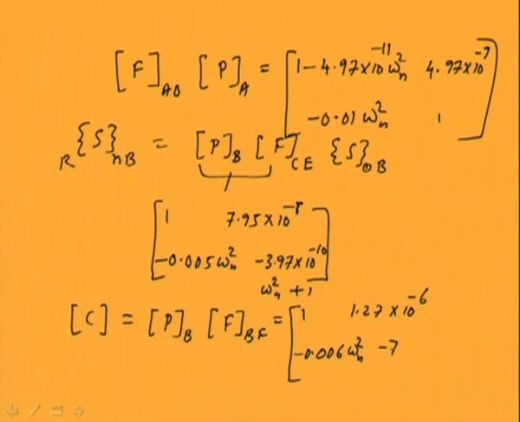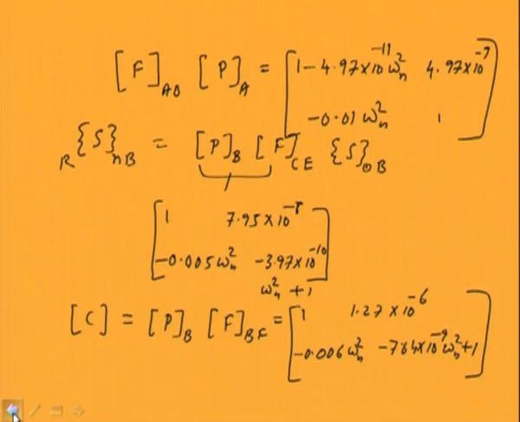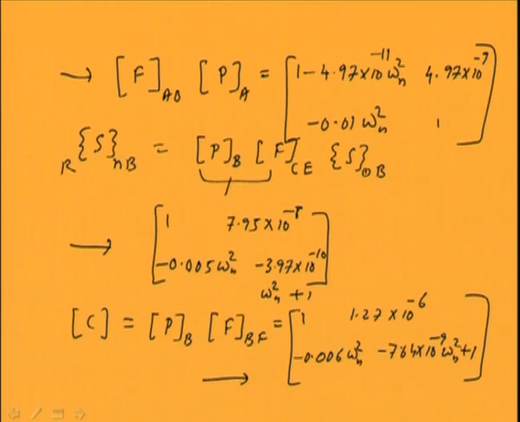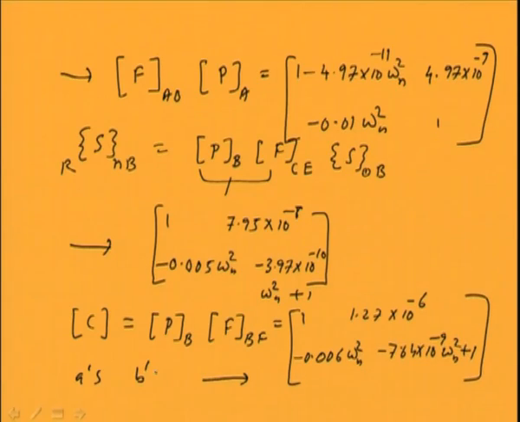And the last term is plus 1. So here we got all the three matrices, for A, B and C, and we know all the terms of A, B and C. Now we can go to the frequency equation.